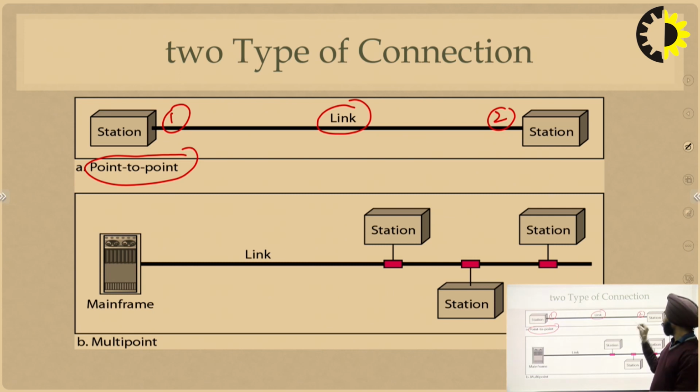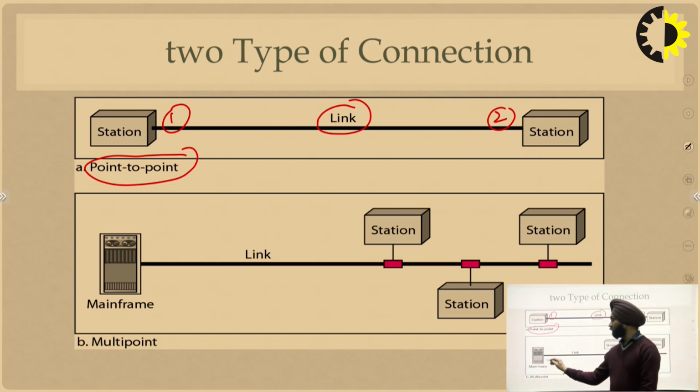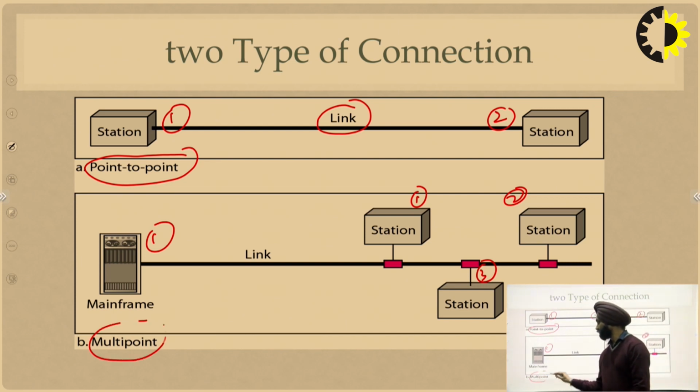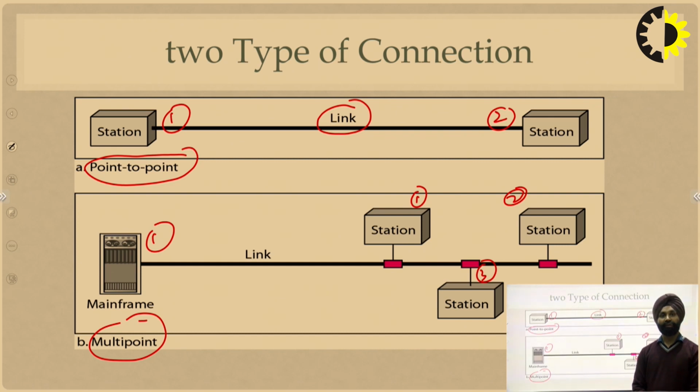When a number of other stations are communicating with one source, where one source is the transmitter and a number of sources, 1, 2, 3, are there, then this is multi-point communication. In multi-point communication, there is one link that is shared by a number of other users. So there is point to multi-point, multi-point to point. There are a number of ways in which we can connect these multi-point connections.